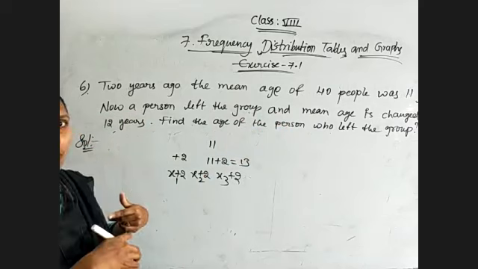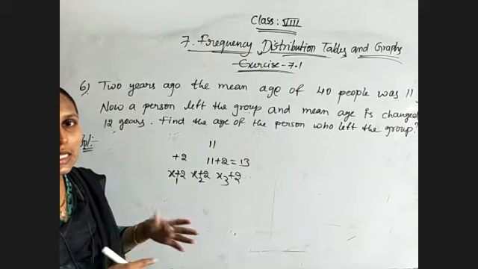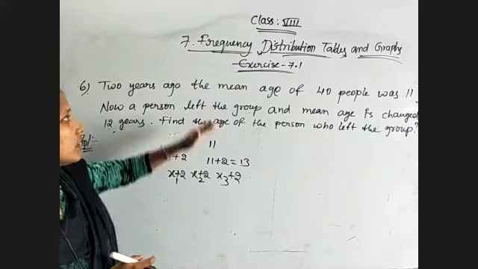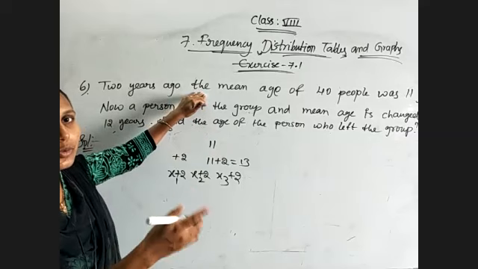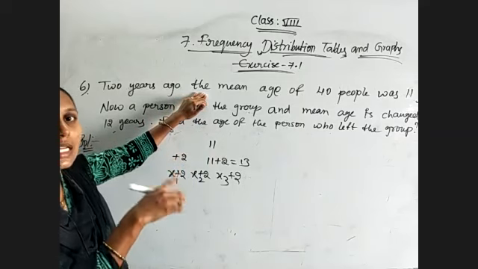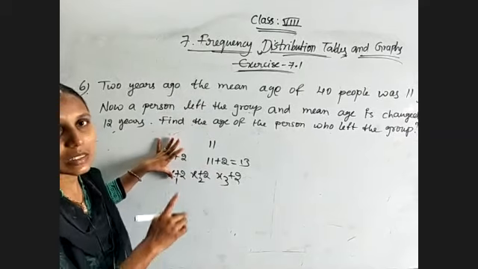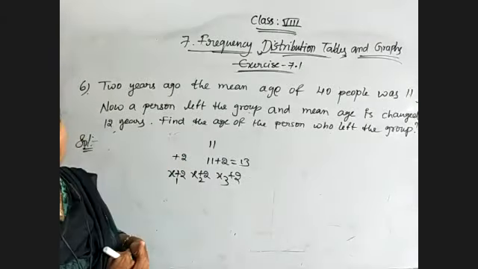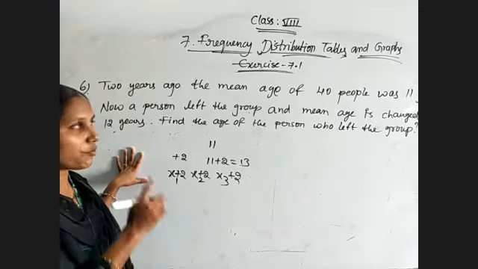Two years later, each person's age increases by 2, so the mean of the 40 people also increases by 2. That means 11 plus 2 will become 13, which is the present mean age of the 40 people.